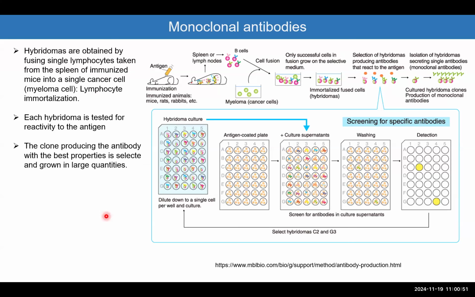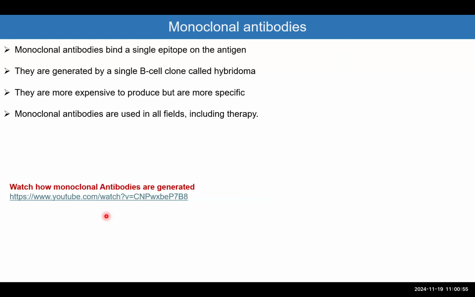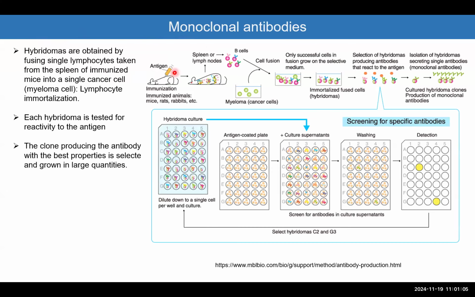And that should be sufficient for this course. So monoclonal antibodies, as a summary, they bind to a single epitope of an antigen. And they are generated by a single B cell, as you can see here. Each one of these is a clone, and it's generating an antibody in green against that antigen that we injected here. Okay.